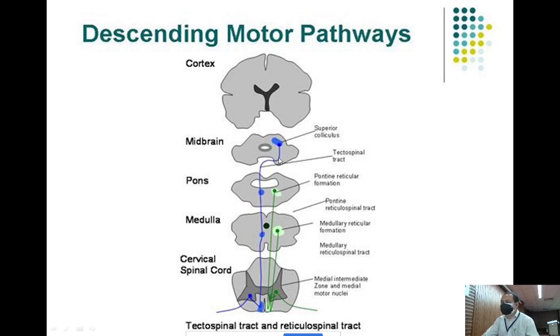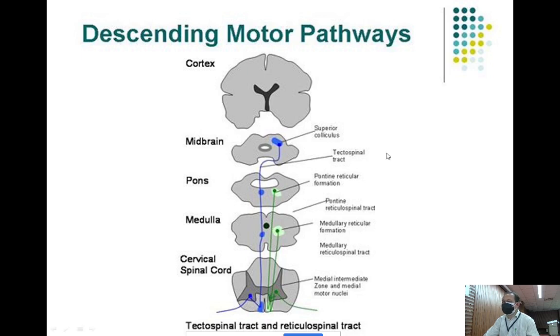So it descends in what we call the anterior funiculus, and ends in the medial group of motor neurons and interneurons in the anterior horn cell, unlike the rubrospinal tract, which terminates in the lateral groups of motor neurons and interneurons.